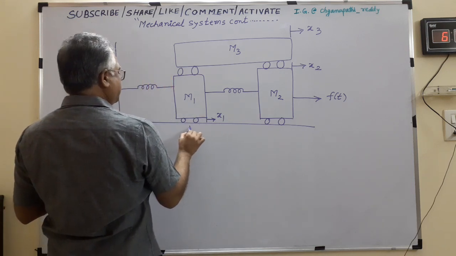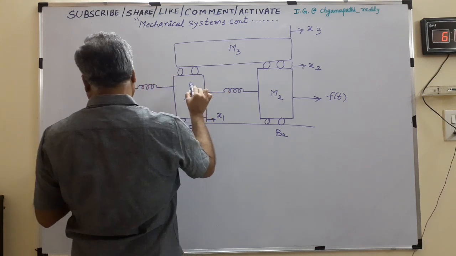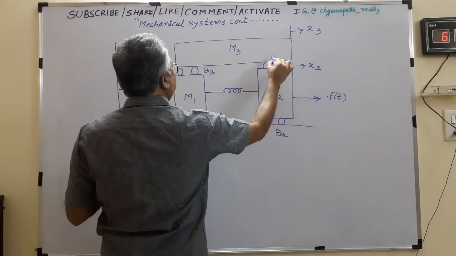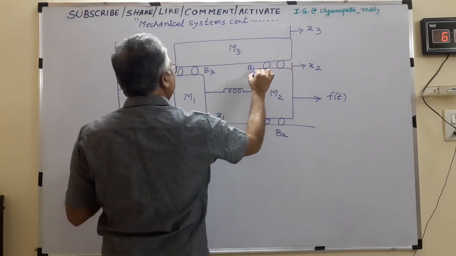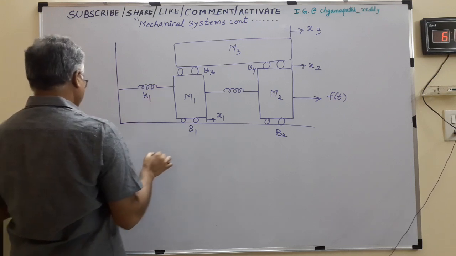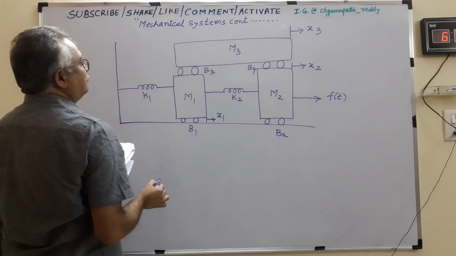So here friction is there, B1, B2, B3, B4. K1, K2, M1, M2, M3.